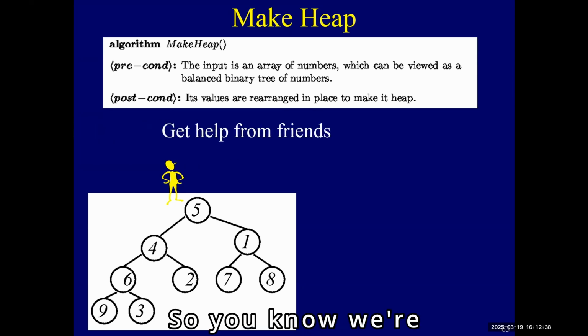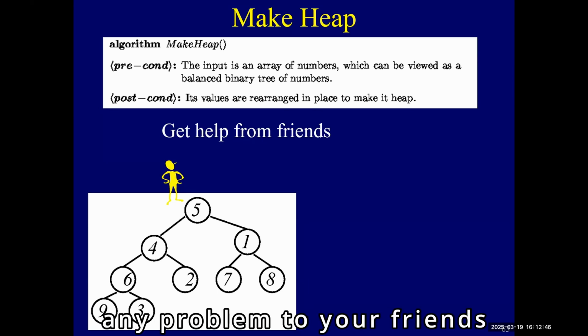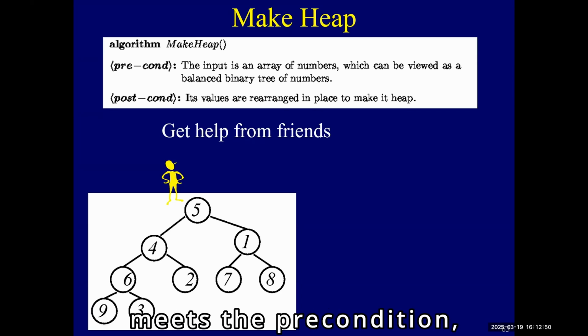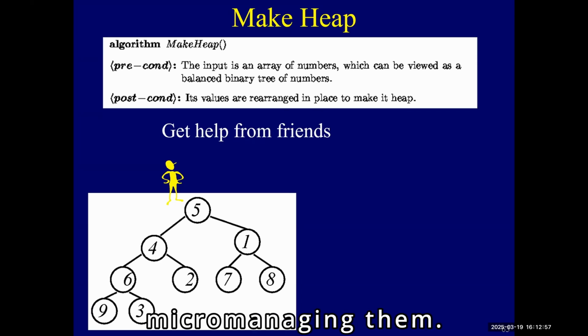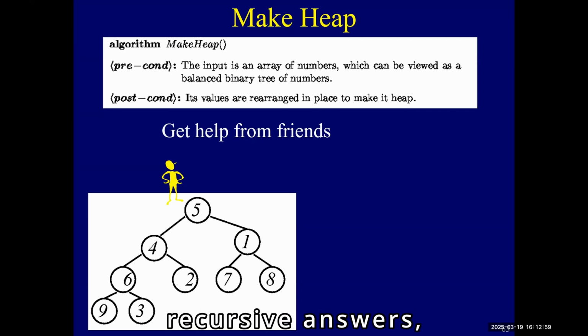All right. So, we're all about recursion, and recursion is you have friends, and you can give any problem to your friends that's smaller and meets the precondition, and then by magic, they're going to give you their answer, without micromanaging them. So when we were doing recursive problems on trees before, I have a question about my tree.